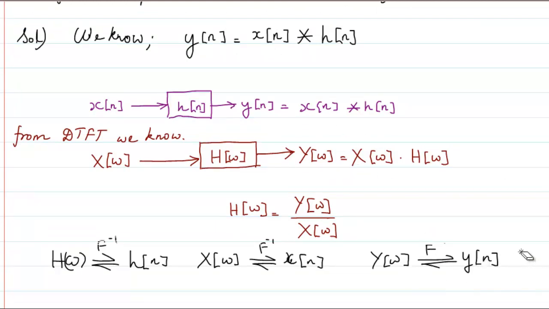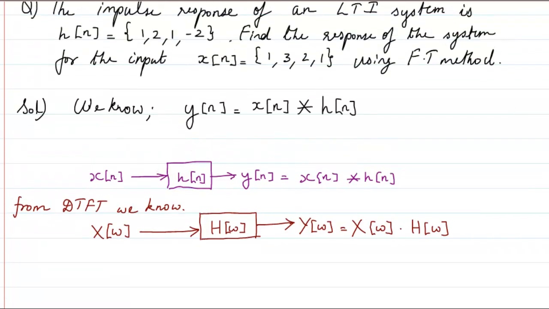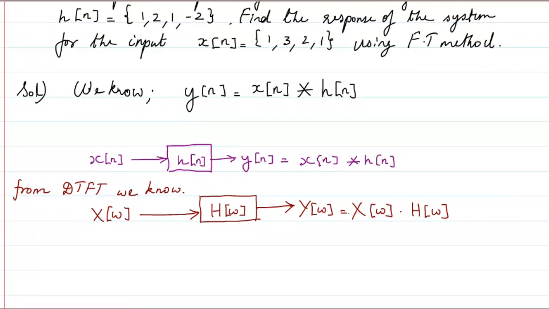So we will solve this problem using the Fourier transform technique. Therefore we first start by finding H of omega, or we can start by finding X of omega first, that is the input.